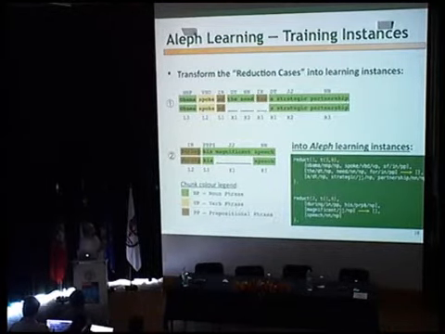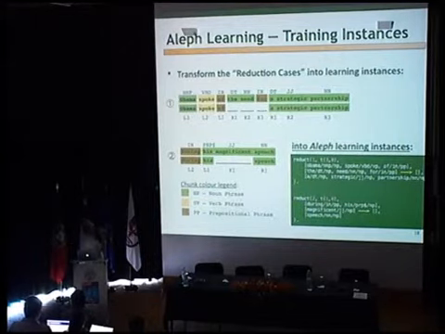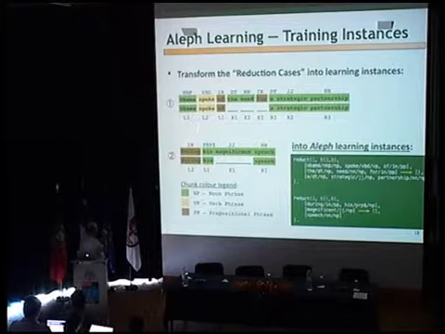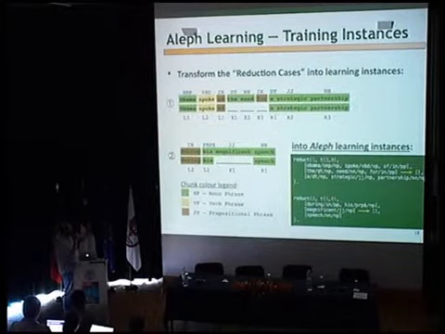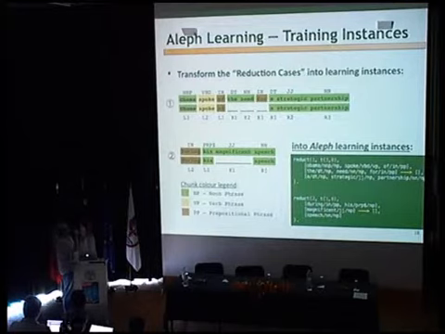Here I show how we transform our reduction cases into effective ALEPH learning instances. We have two examples of reduction cases, and you can see that we are using three kinds of features. We are using lexical features, the words by themselves.